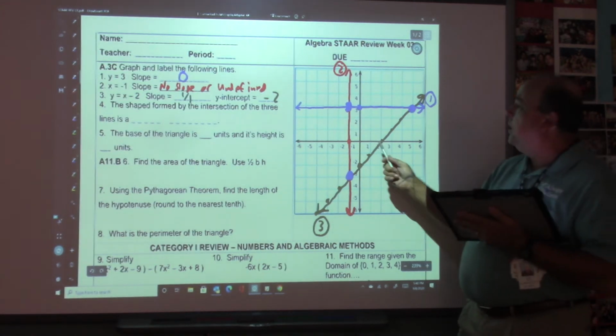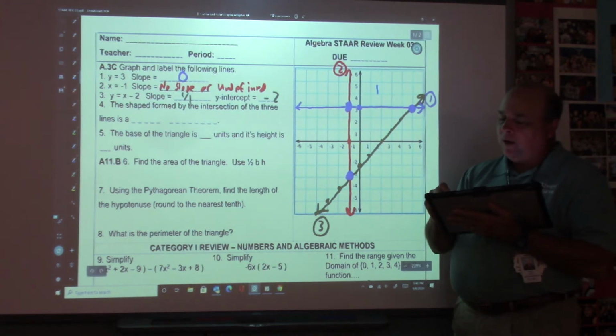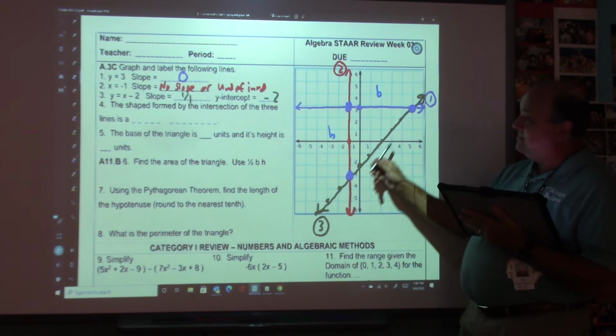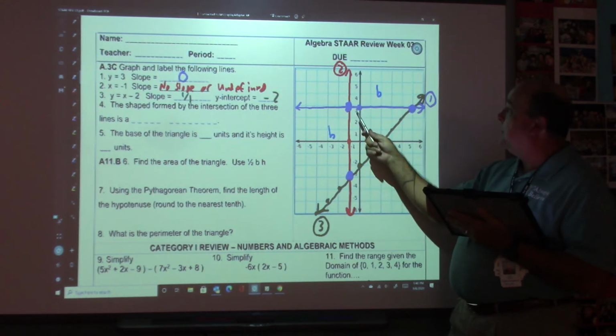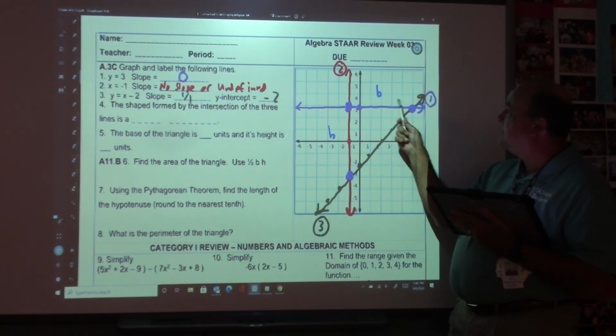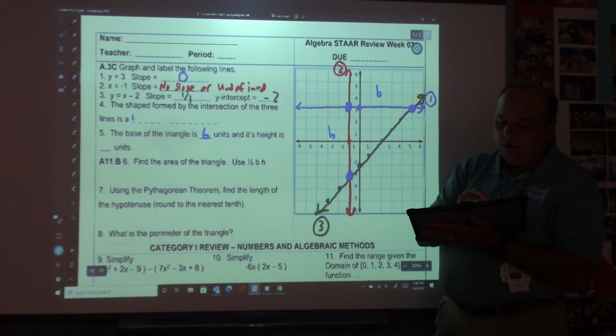Now then on this one, this is the height and this will be our base. So put B right here for base and put H right here for height. Since this is a slope of 1, you're going to notice something about these counted bases. 1, 2, 3, 4, 5, 6. My base is 6. And this is a right triangle again.